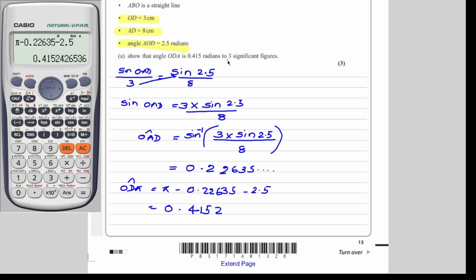So once we round it off to the third significant figure, the answer is 0.415. So that's the required answer. So we are done with part A. Let's move on to part B.